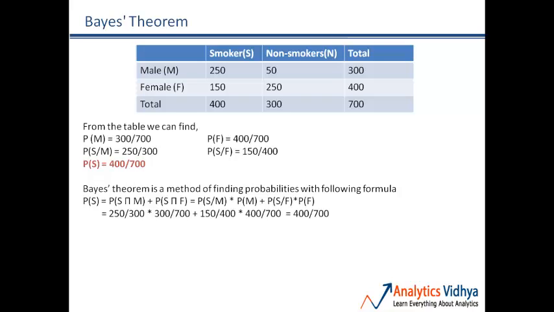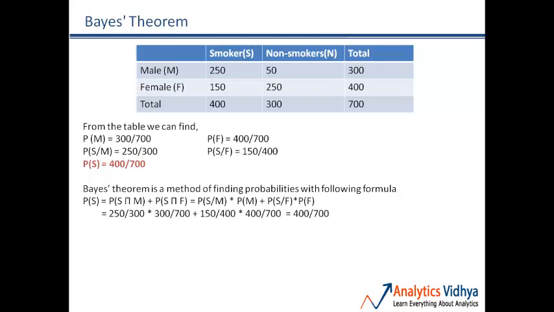Now, Bayes' theorem is a way of calculating probabilities. If I know all these numbers which are in black, I can calculate this number in red. Let's use Bayes' theorem to do this. P(S) is given by the probability of S intersection M plus the probability of S intersection F. M is choosing a male and F is choosing a female.